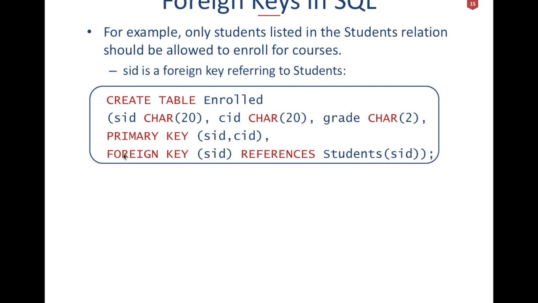In enrolled, we have a foreign key SID, so the foreign key SID in enrolled refers to students' SID, where students' SID is the primary key in students. By enforcing referential integrity, you are making sure that no tuple is added in enrolled if the SID is not present in the students table.